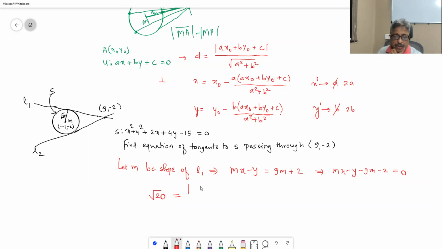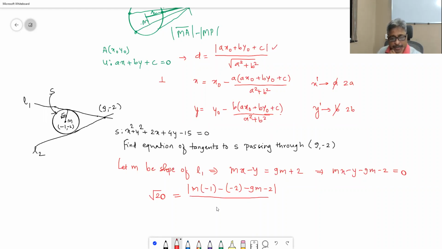So the absolute value of m times (-1) minus (-2) minus 9m minus 2, I am using this formula. I have done the numerator.